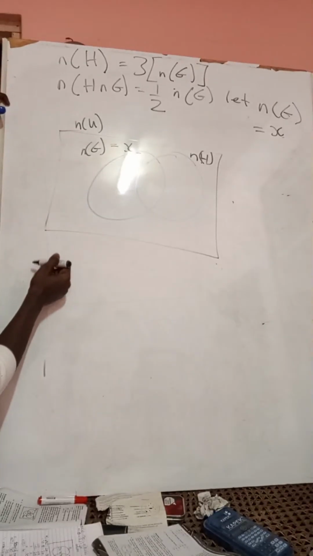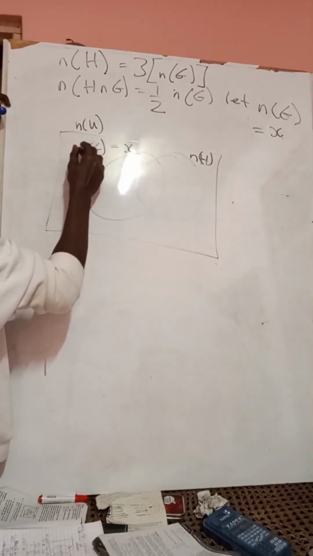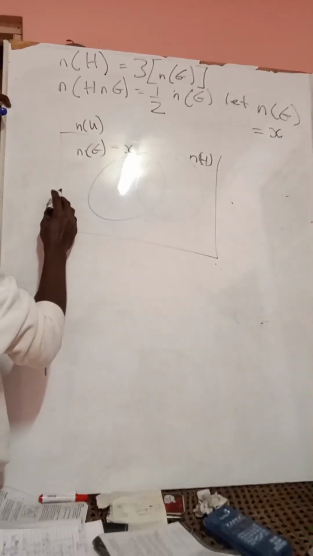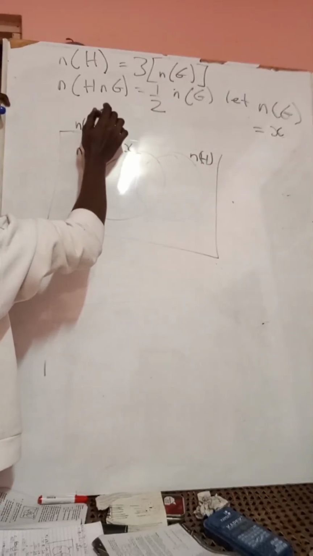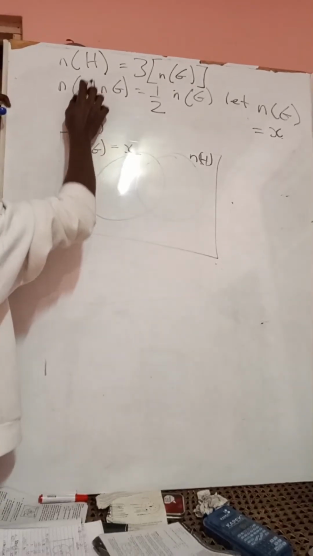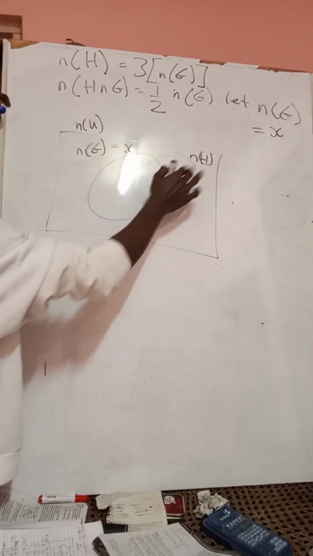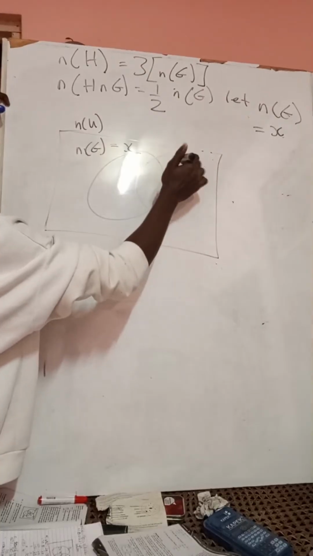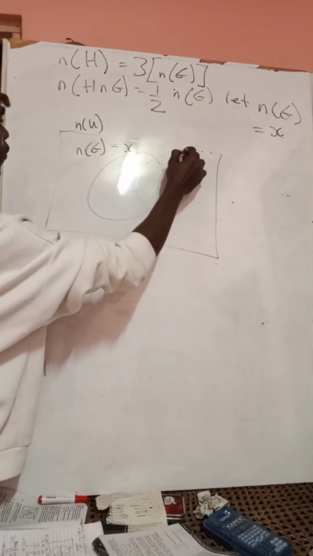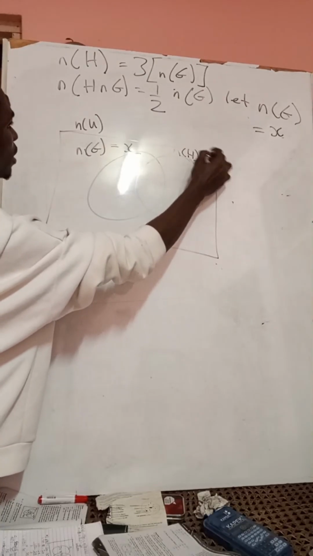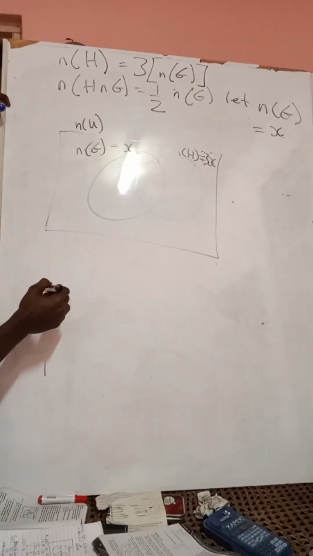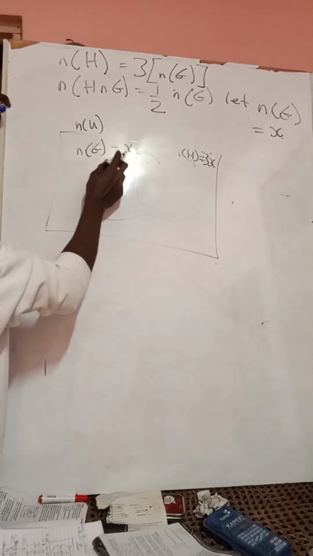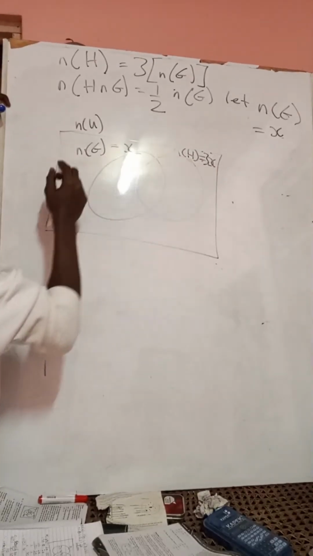Since the number of G is x, you can use it to find this one, because H is equal to 3 times the number of G, right? So the number of H will be equal to 3 times x. Is it clear? Since G is x, the number of H should be 3 times x.